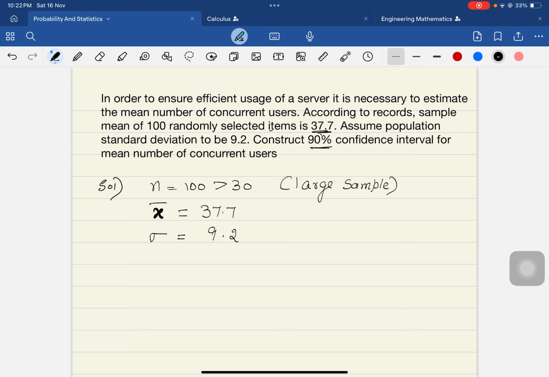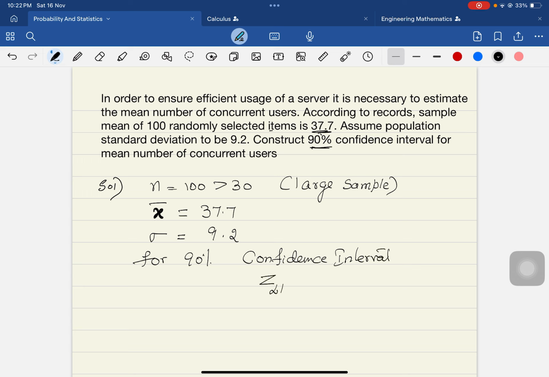Now, for the 90% confidence interval, what is the value of Z alpha by 2? It is better to memorize this so that it takes less time.